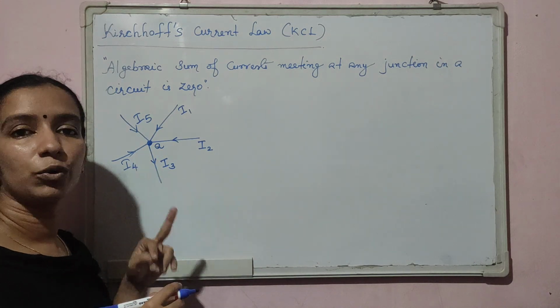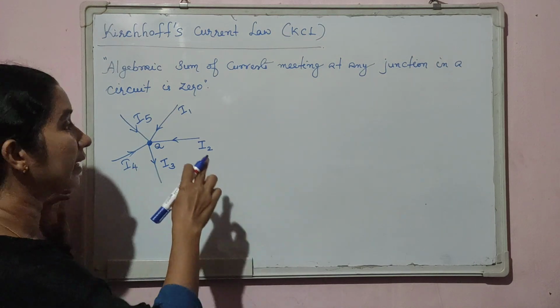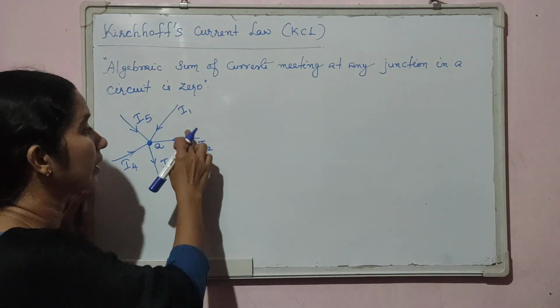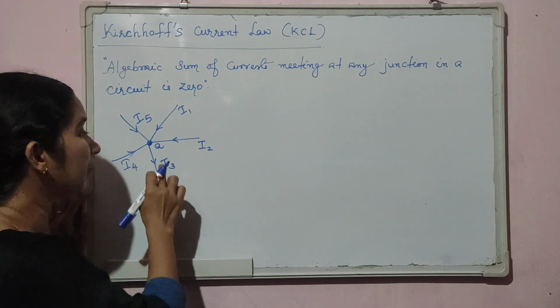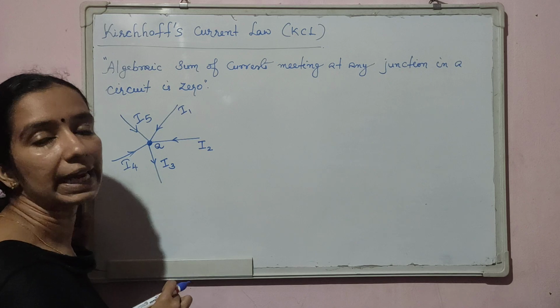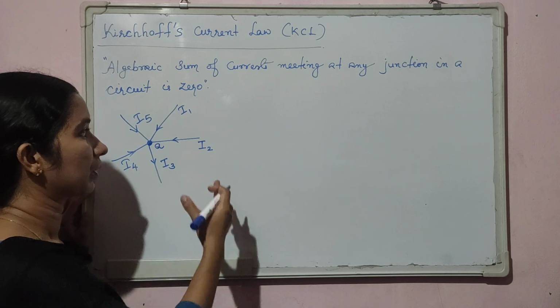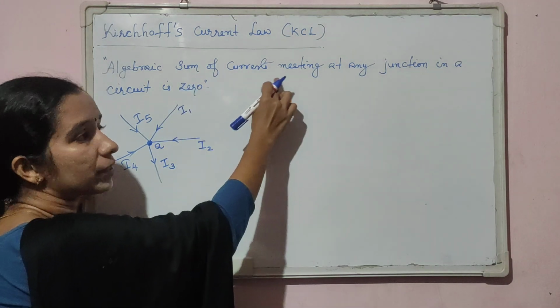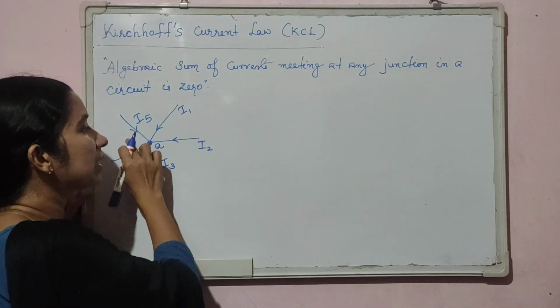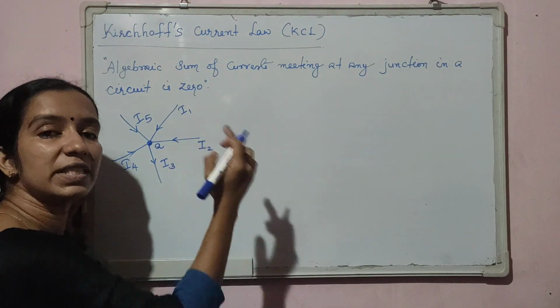A is a node in a particular circuit and there are 5 currents I1, I2, I3, I4 and I5 meeting at this particular node A. So we need to calculate the algebraic sum. According to Kirchhoff's current law, the algebraic sum of all these currents will be 0.